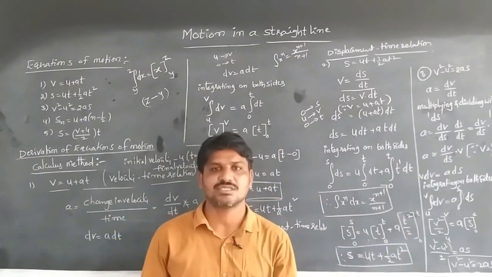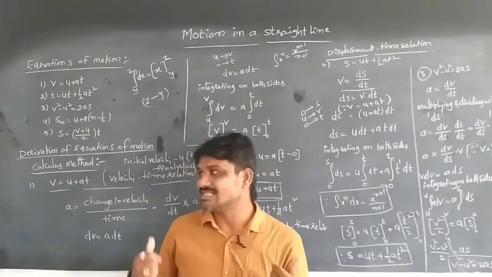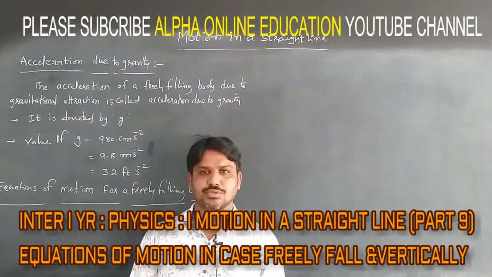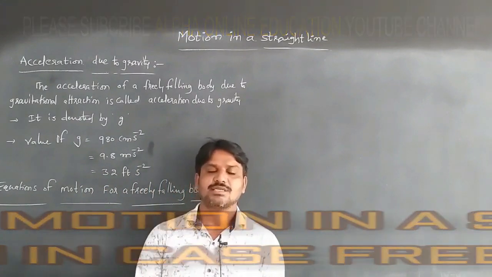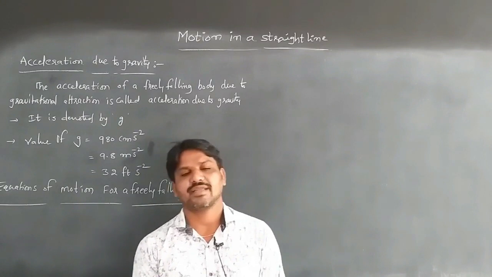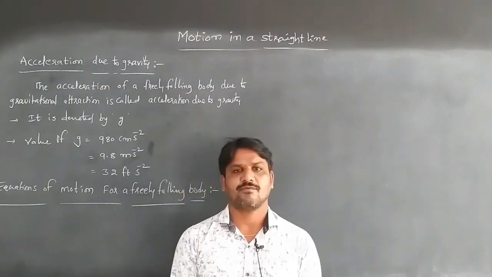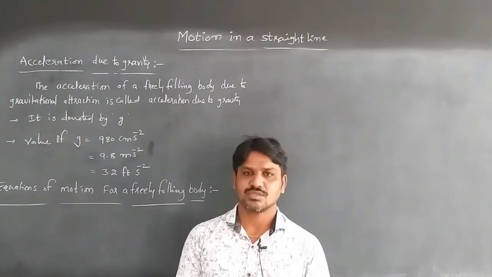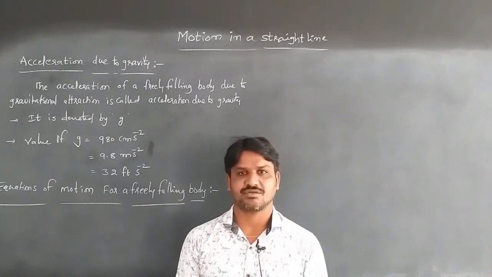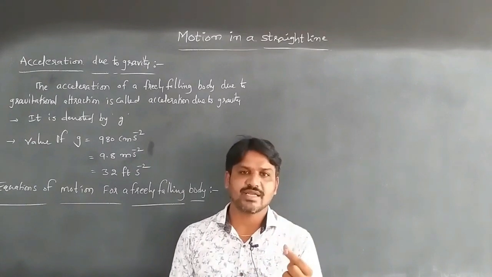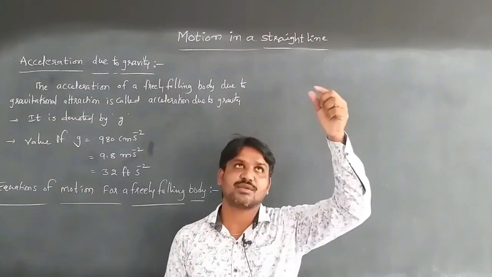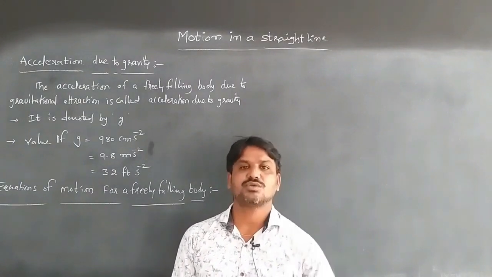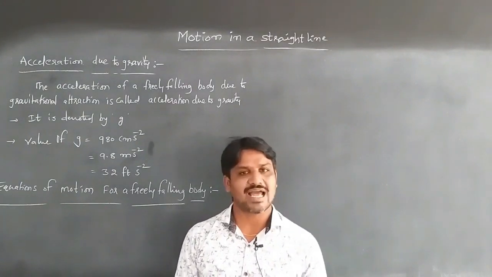These three relations are the kinematical equations of motion, derived here for use with the acceleration due to gravity. Acceleration due to gravity means when a body is falling freely from a certain height, due to the gravitational attraction, the body increases its velocity from the starting point until it reaches the ground. The change in velocity is acceleration.